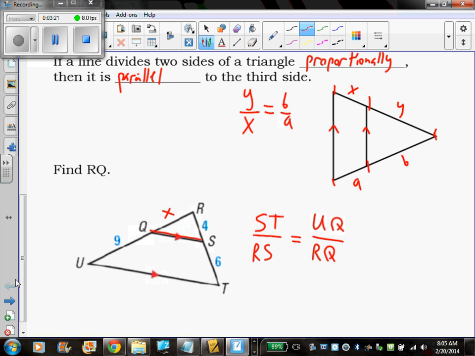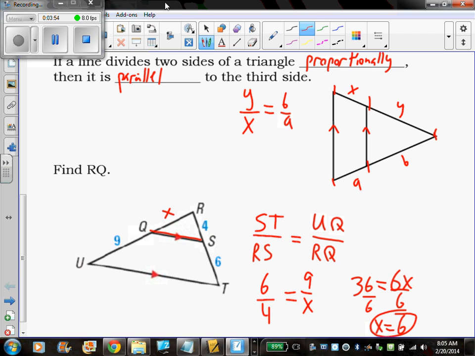Plugging in the values that we know, that would give us 6 over 4 equals 9 over x. Using cross multiplication, 4 times 9 is 36, and 6 times x is 6x. If we divide both sides by 6, we'll get that x equals 6. So that would be the length of QR right there. Not too complicated, but there it is.